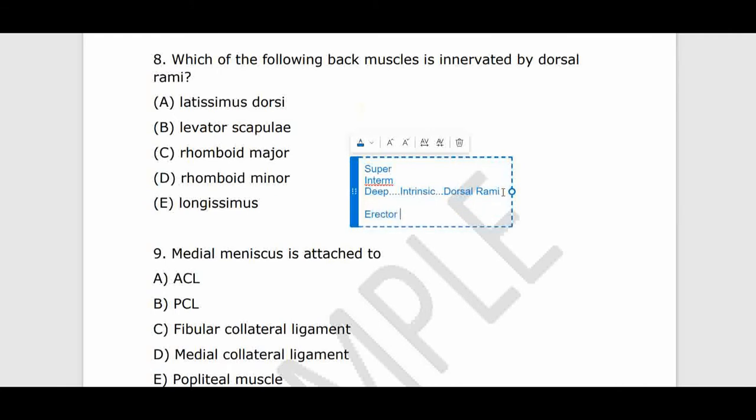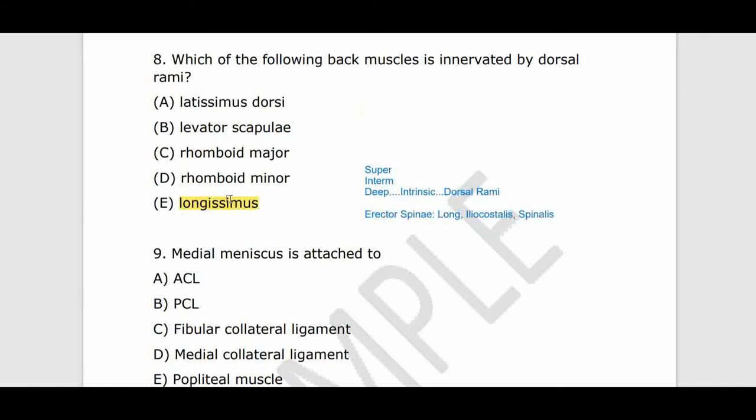This erector spinae is a collection of 3 muscles, which is longissimus, iliocostalis, and spinalis. Of course this will be innervated by what? The dorsal rami. So that makes our answer very obvious as longissimus.